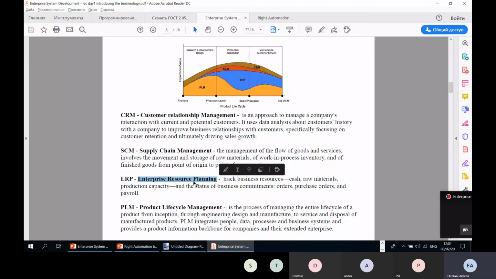And product lifecycle management is here at the bottom. This system is like an aggregator of all these systems. It's the place where we will store information from the first ideas, from the concepts.